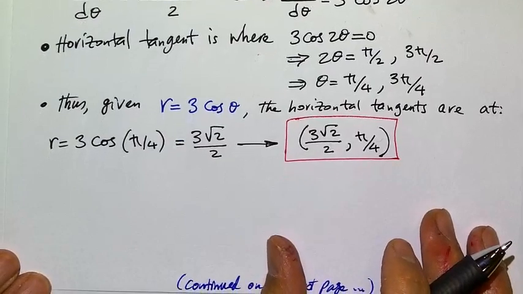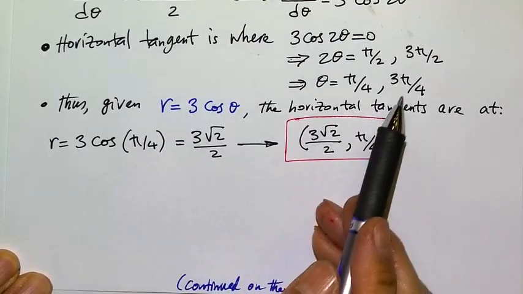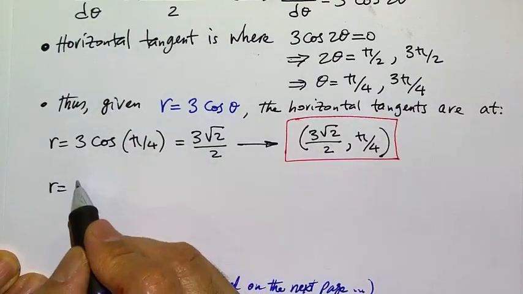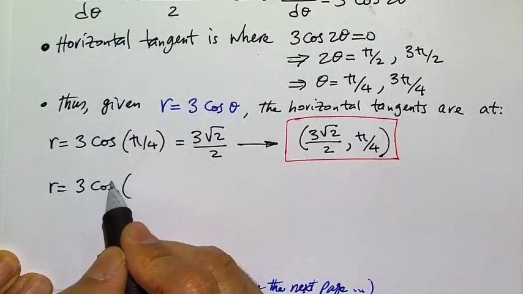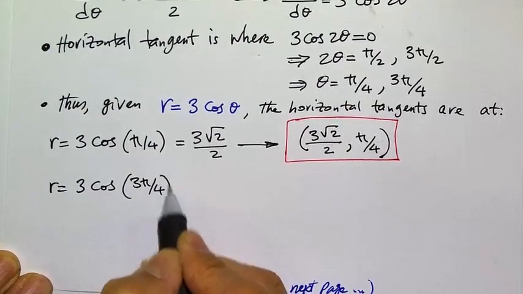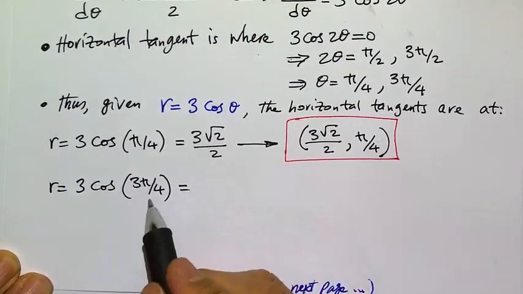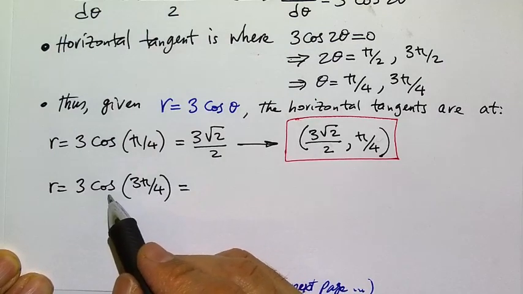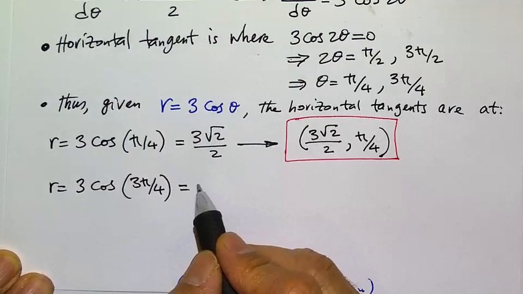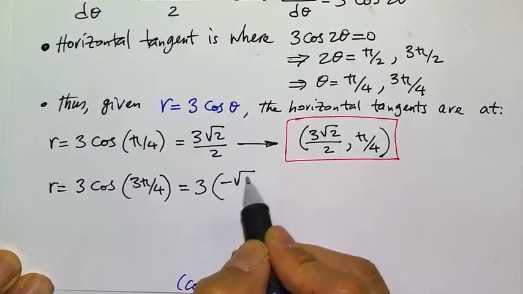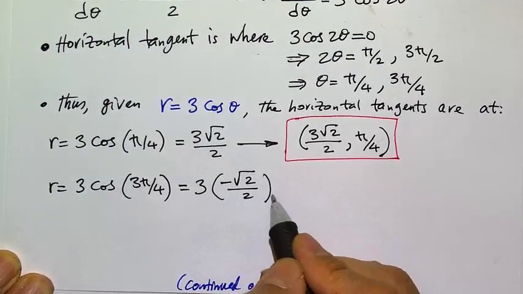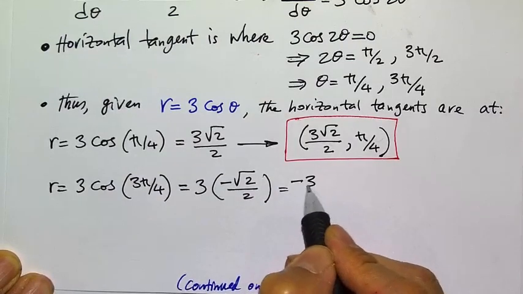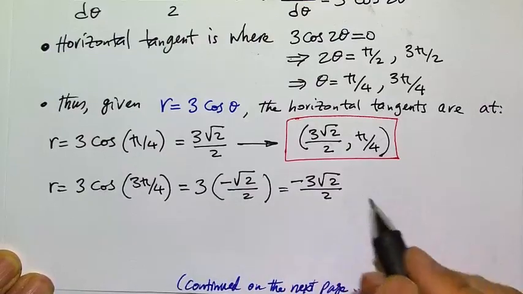Then let's find the horizontal tangent, which happens when theta equals 3 pi over 4. So 3 pi over 4, that's in the second quadrant, where cosine is negative, negative square root of 2 over 2. So 3 times negative square root of 2 over 2, and we end up with minus 3 times square root of 2 over 2.